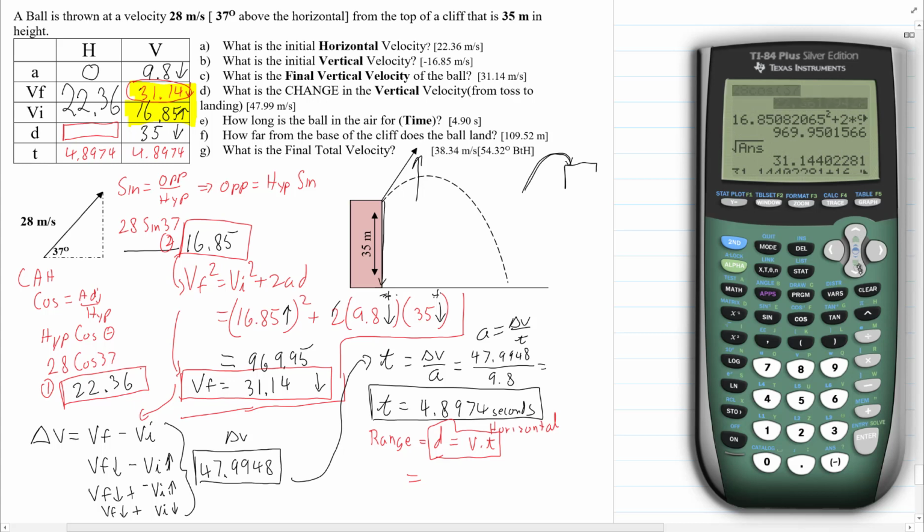Oh, there it is, the 22. And we get the range to be 109.515, I guess it's a 5.2 meters.